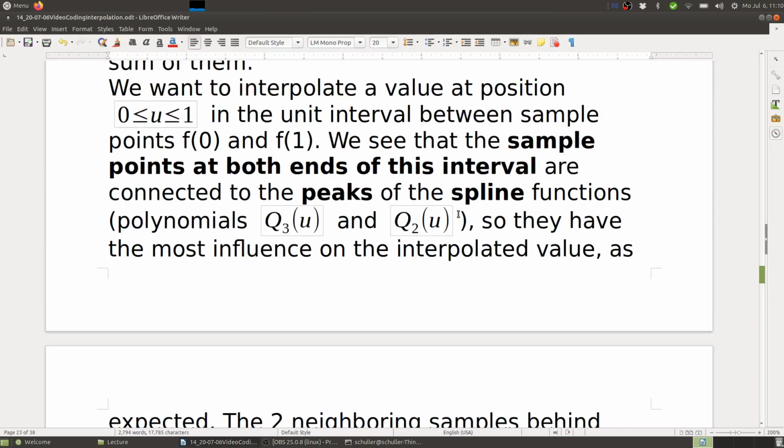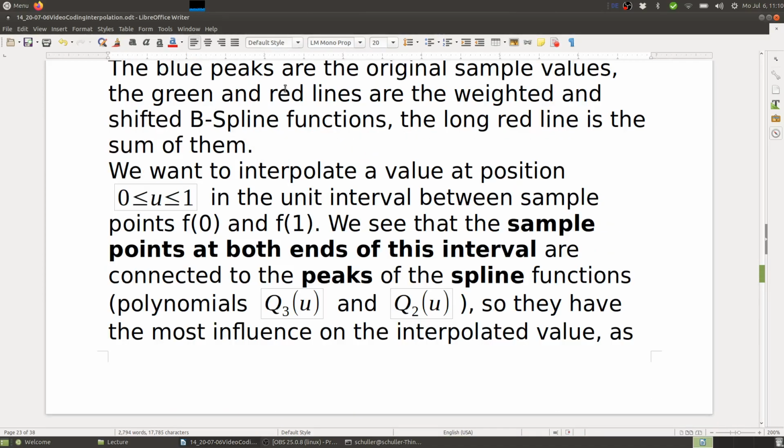Right. So this is what we saw. We want to interpolate a value at position u between 0 and 1 in the unit interval between sample points f0 and f1.